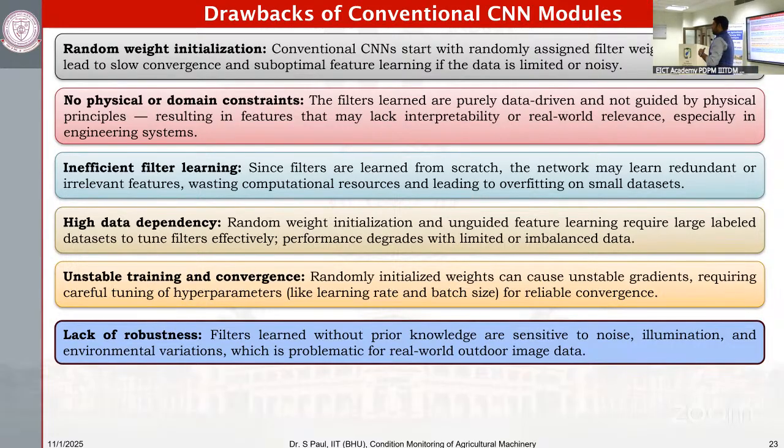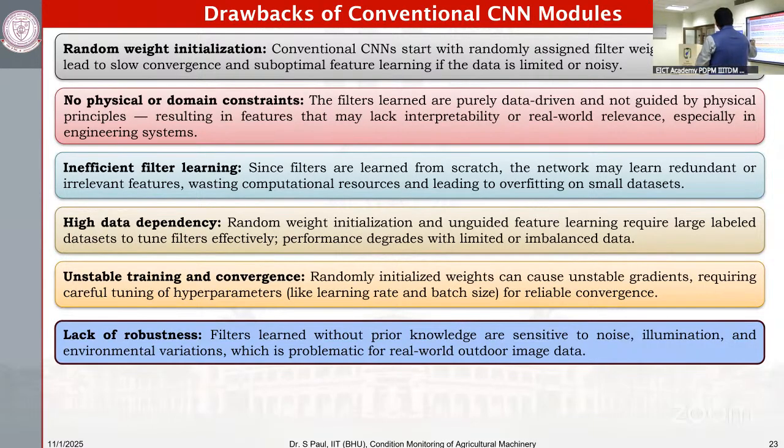You put in a solar panel image, it also generates a random filter. Everything is random. It doesn't know whether it's a horse or a solar panel. Its purpose is only to generate random numbers. You don't have any knowledge about the physical domain, meaning what the image or the signals are. That is why you will see this lack of robustness.